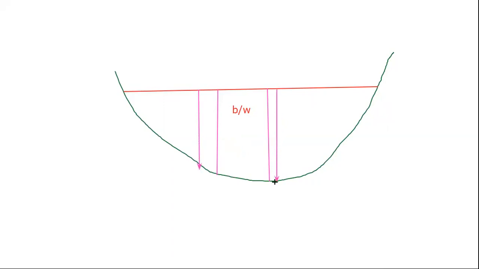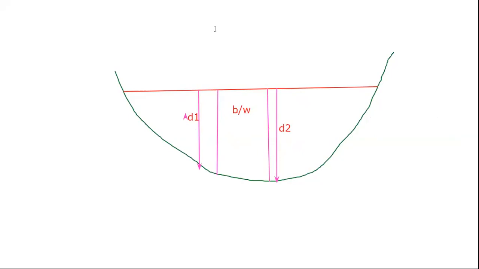So suppose that for this side we will consider a depth as a D1 left hand side, and here we will consider depth as a D2 towards the right hand side. D1 and D2 are the depths on the left hand side and right hand side of that particular strip.